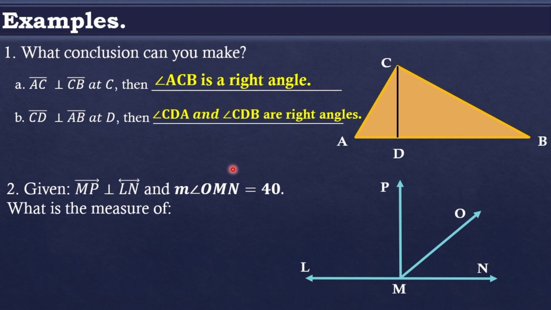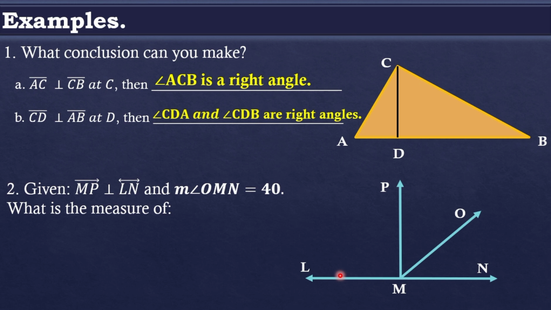Next. I have here given ray MP. Ito si ray MP is perpendicular to line LN. Ito si line LN. So, ray MP is perpendicular to line LN.